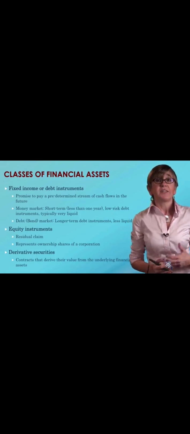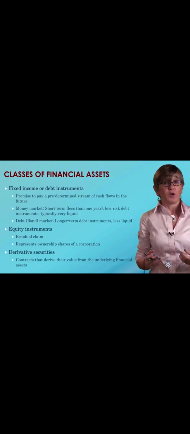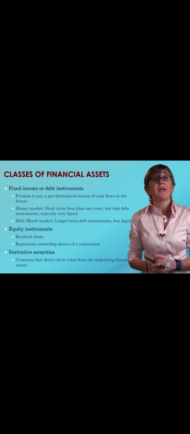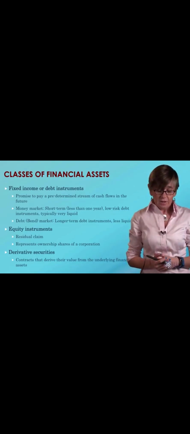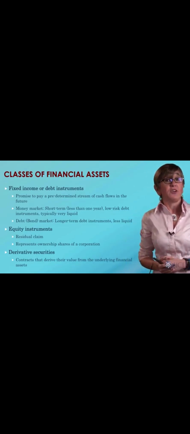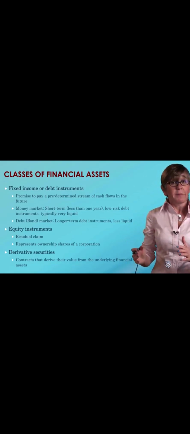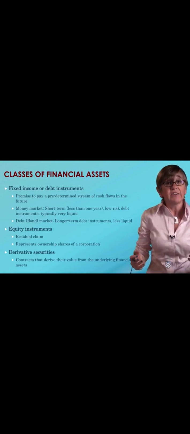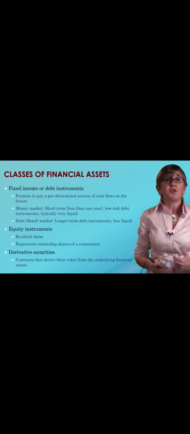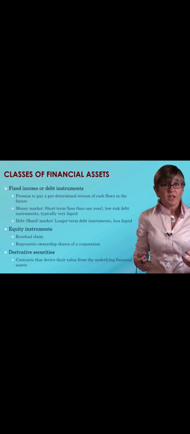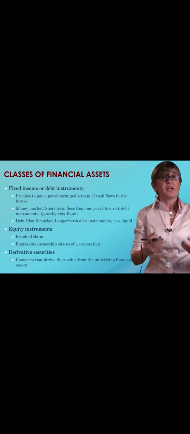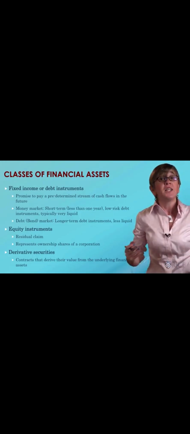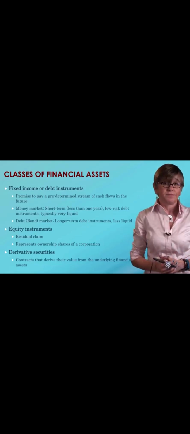Equity securities, on the other hand, are residual cash flow claims, and they represent ownership in a corporation. Now, another class of securities that I haven't talked about yet, but we will see, are derivative securities. Derivative securities, as the name suggests, are contracts that derive their value from the price of the underlying financial assets.